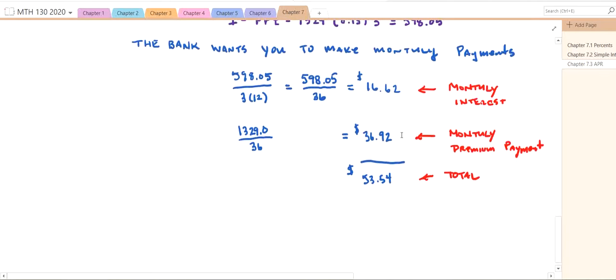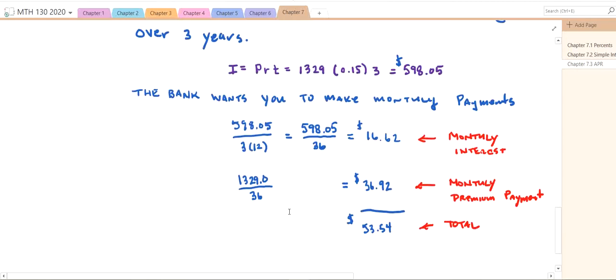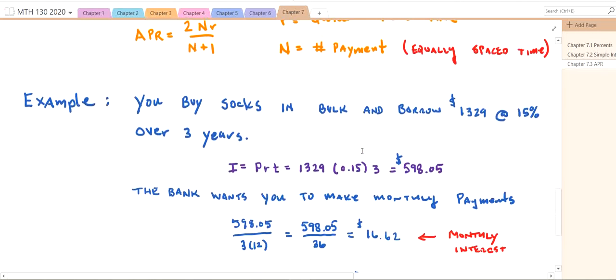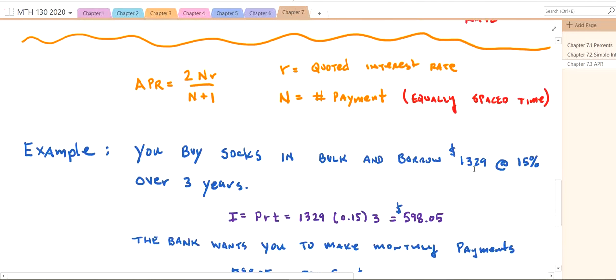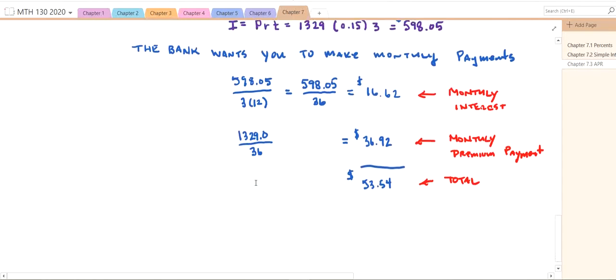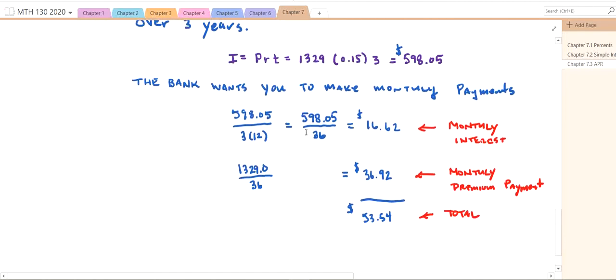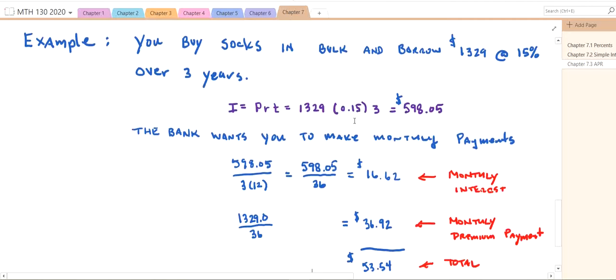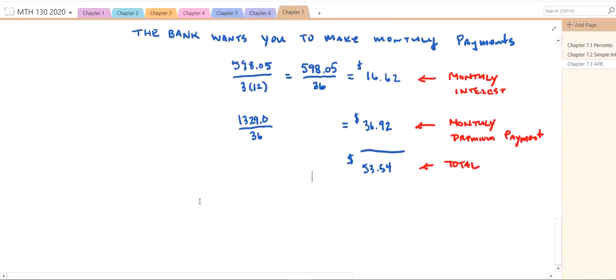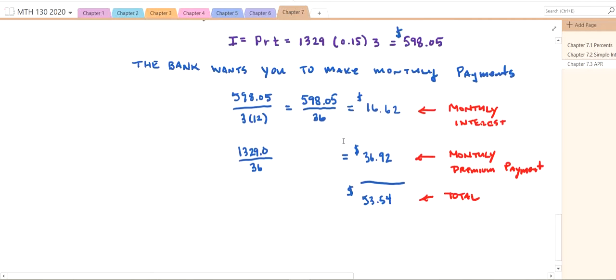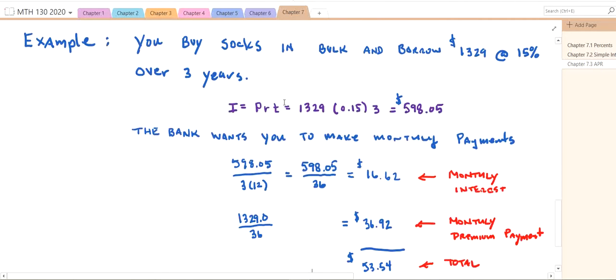Now notice, every month you're paying $36.92 off the principal. By the 35th month, you have paid off everything but $36 of the original $1,329 that you borrowed, but yet you're being charged only 15% interest. And this value, $36.92, is a lot less than the $1,329.